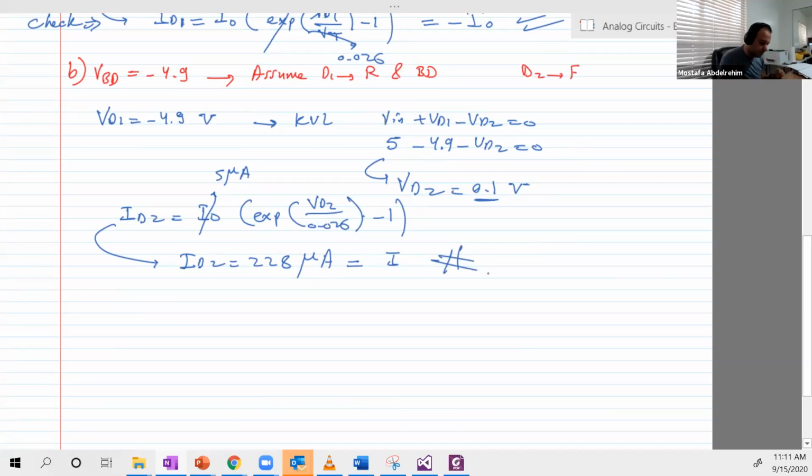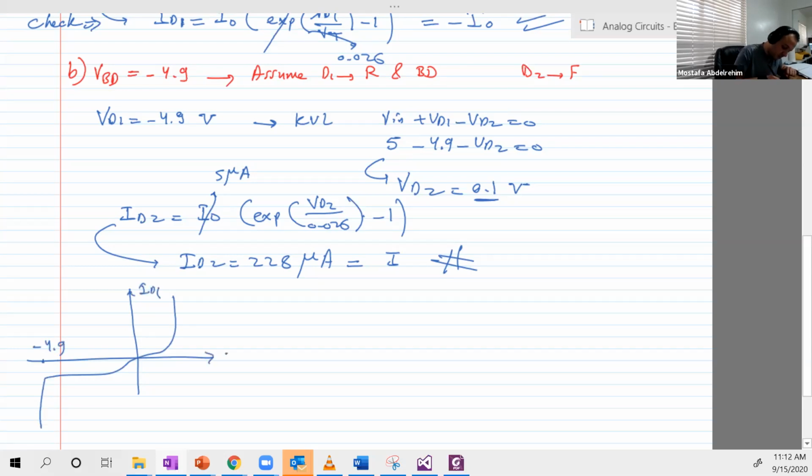Let me check here. We said that D1 is reverse and in breakdown, and based on that we concluded that VD1 is equal to minus 4.9. Let's look at the characteristics. ID1 must be negative, and as a magnitude must be larger than I naught.